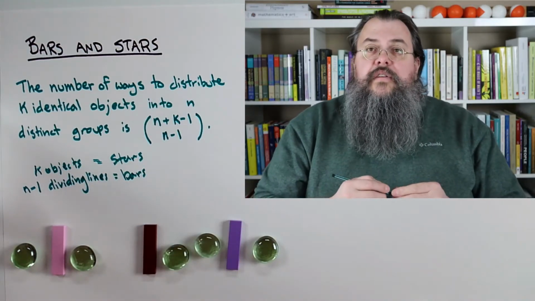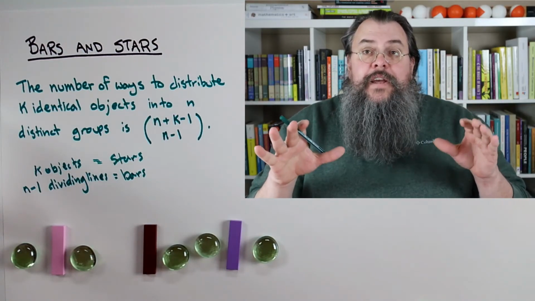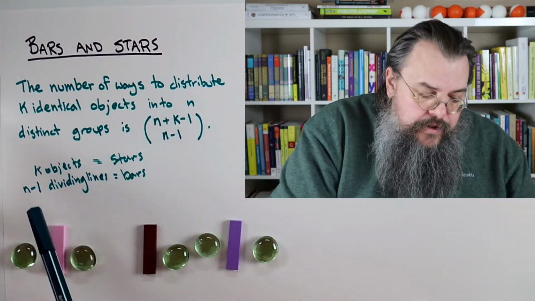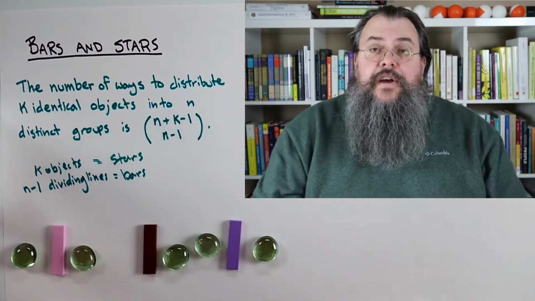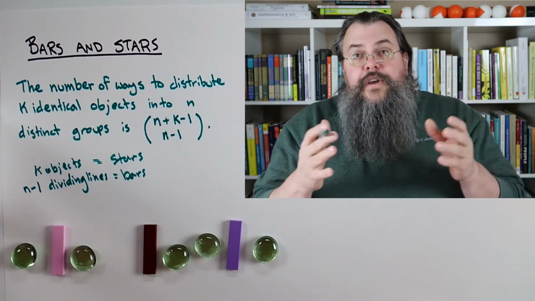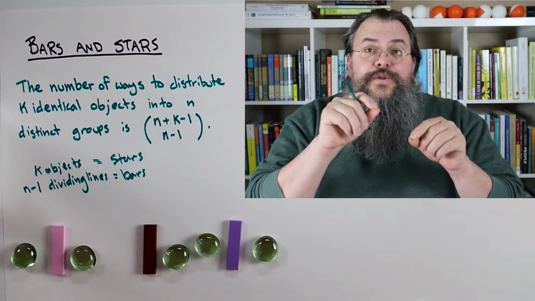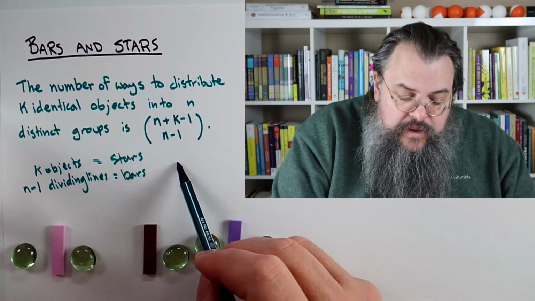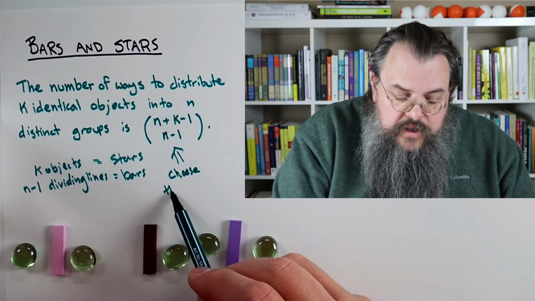So it really boils down to saying, well, how many ways can you distribute these? Now, we know how many total things we have. We say, oh, there's k plus n minus 1. That's the total number of things. And now we just have to say, where do we put the bars? Or, of course, we could say, where do we put the stars? So in other words, where should we choose the bars to go? And so this right here is saying, let's choose the location of the bars.